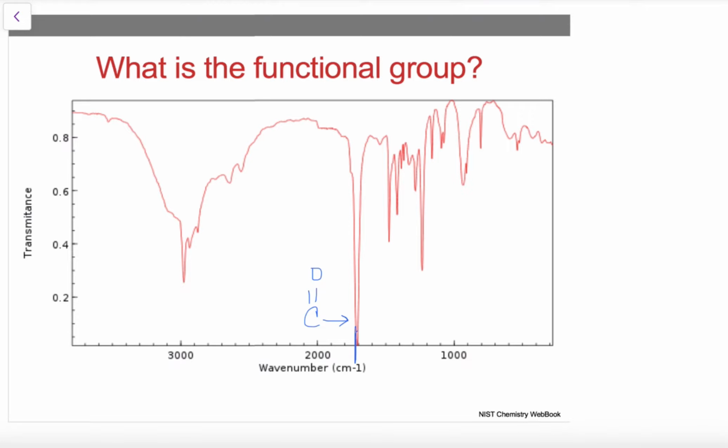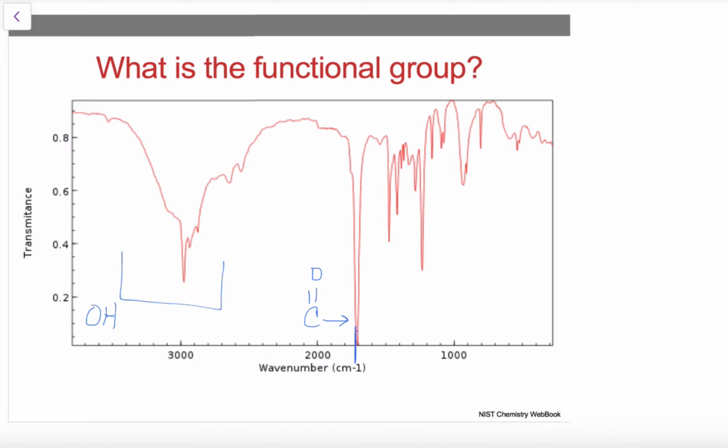You also may notice this very broad stretch over here. This is the OH stretch. With a carbonyl, an OH stretch is more spread out, and it's not as sharp.